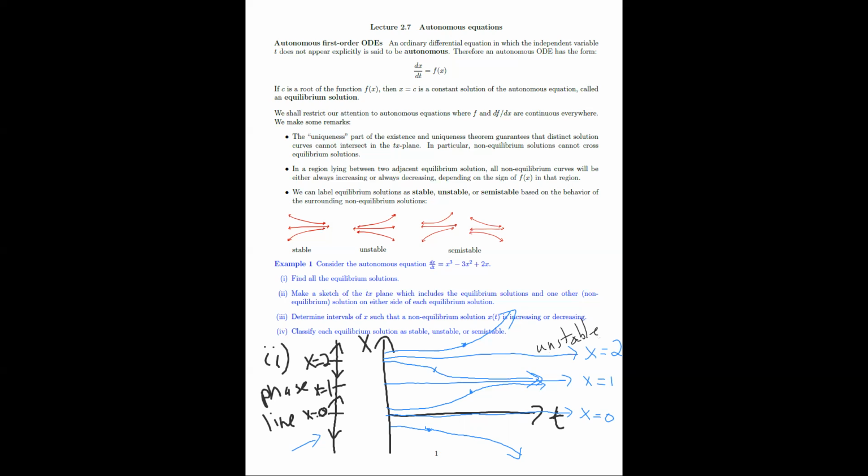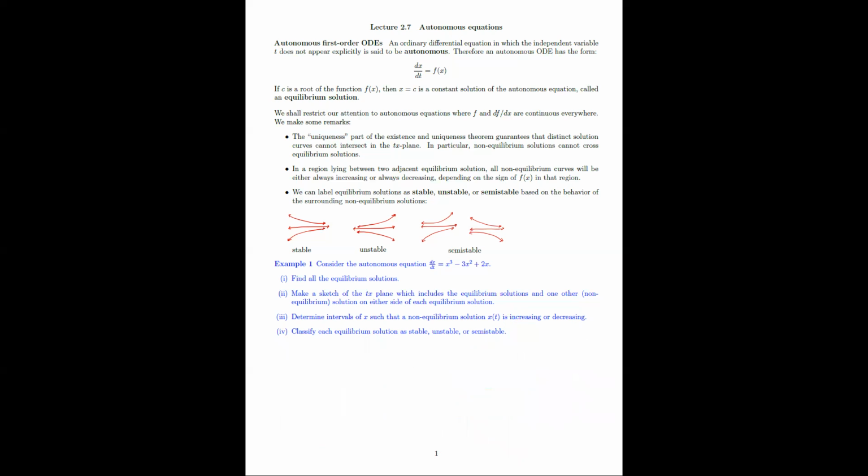X equals 1 is stable, and X equals 0 is unstable. All right. And then we can use this information from the phase line to write out part 3 here.